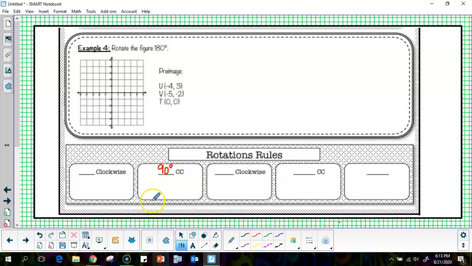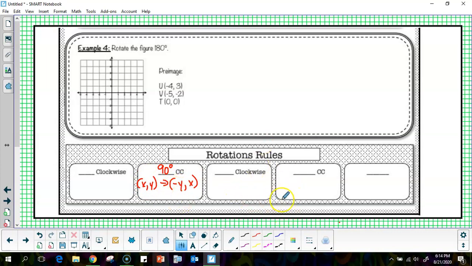And the 90-degree counterclockwise rule that we discovered on our previous section was that x, y becomes negative y, x, or the opposite of y, x. So you switch these and you make this number the opposite of what it was.